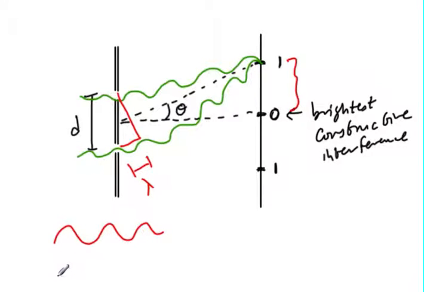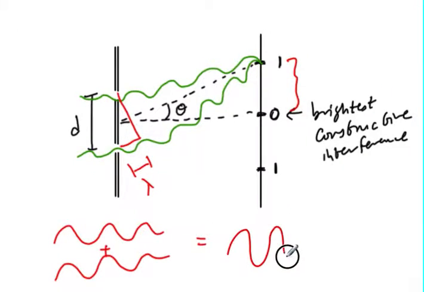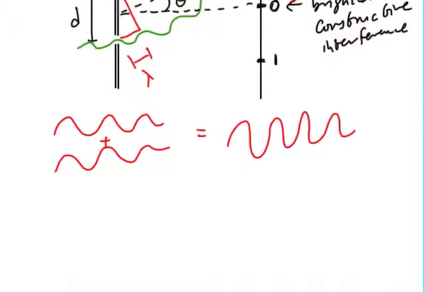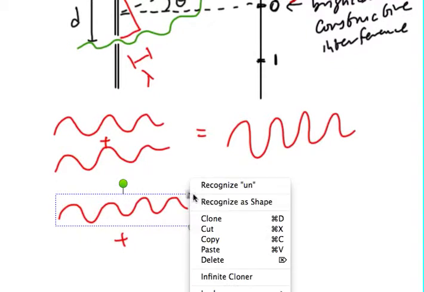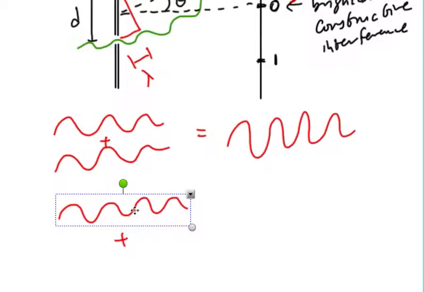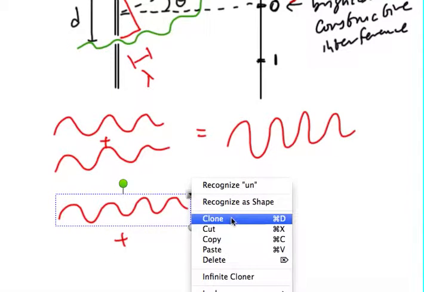Let's say we have two waves, 1 and 2. If we add these together, we get the brightest constructive interference. In order to get the next brightest constructive interference, we need to take the first one and move it. Let me clone it.